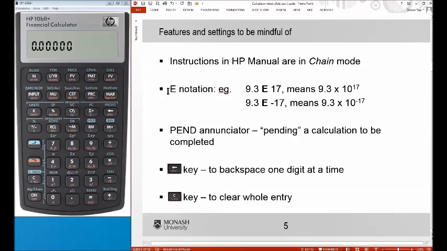E notation. It represents the scientific notation of 10 to the power. The calculator only displays 12 characters.